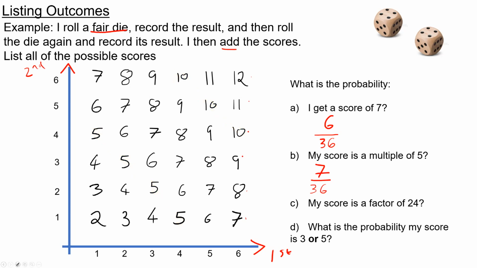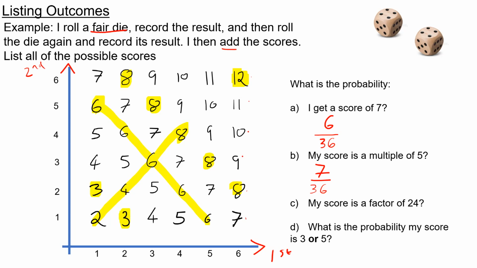Factor of 24, let's have a look at the factors of 24 in the table. So we obviously have 2, 4, 6, 8, and 12. And there's also 6 here, there's 8s here. We have 3.